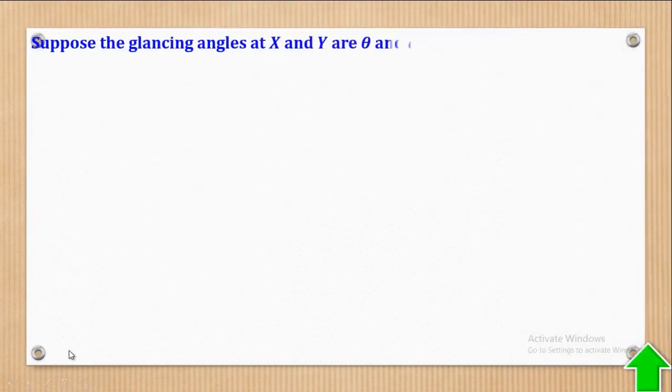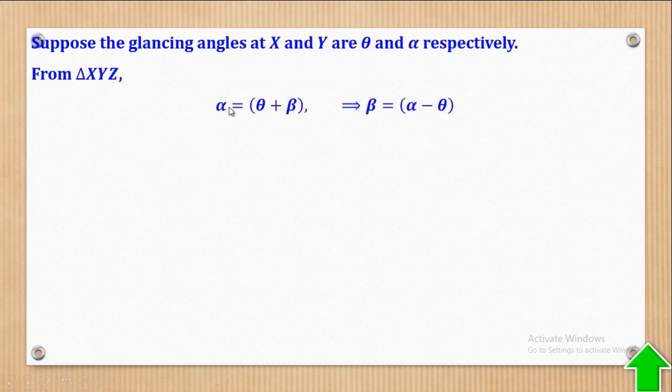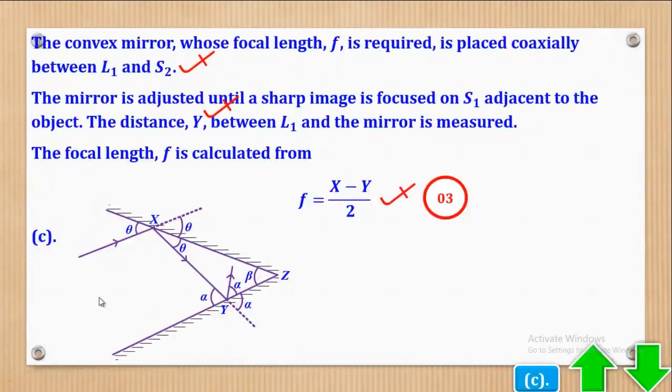So here I shall say that suppose the glancing angles at x and y are theta and alpha respectively. It implies that from triangle xyz, alpha is equal to theta plus beta. So in this triangle xyz, this alpha, remember we have a property that one exterior angle is equal to the sum of the two opposite interior angles.